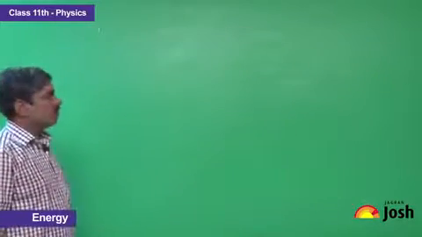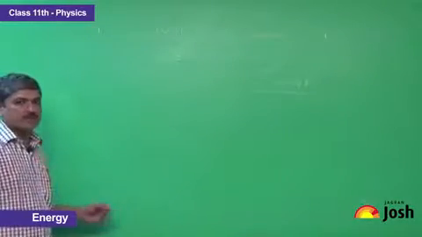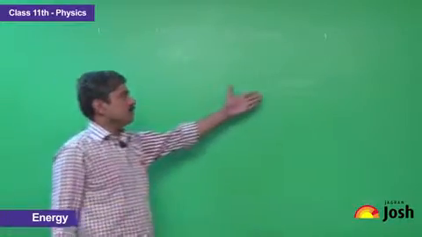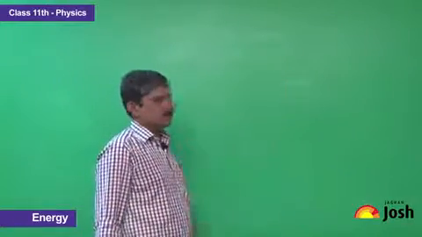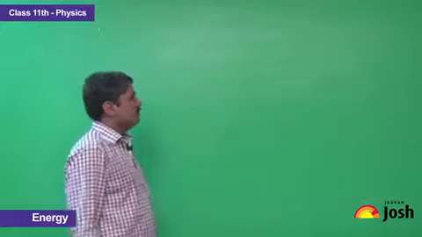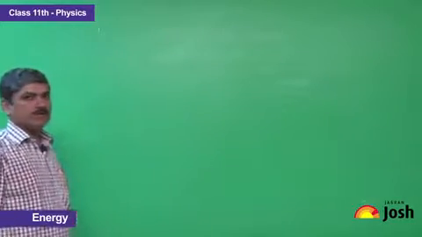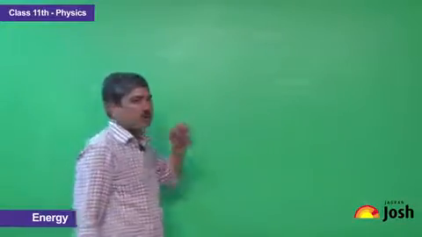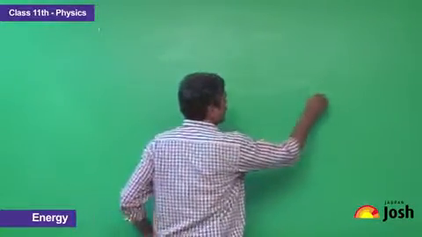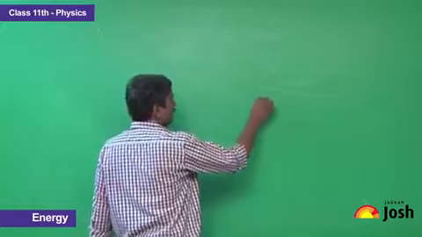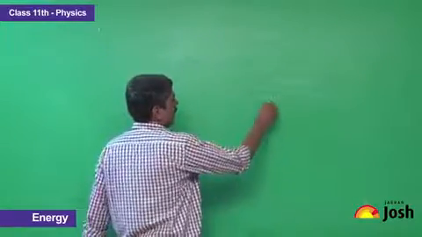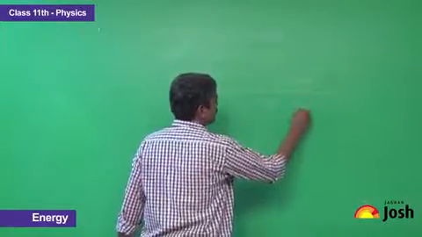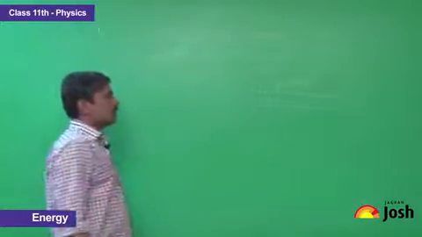We can prove this formula by taking two different cases: one, when the force is constant, and two, when the force is variable. First we will solve it when the force acting on a body is constant. Let the initial velocity of the body be 0 and the displacement produced in the body be d.